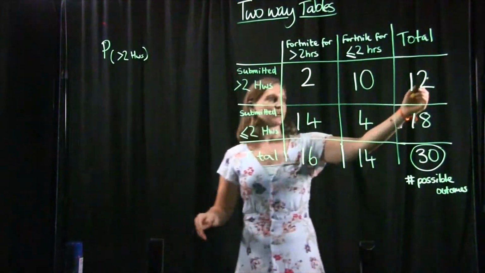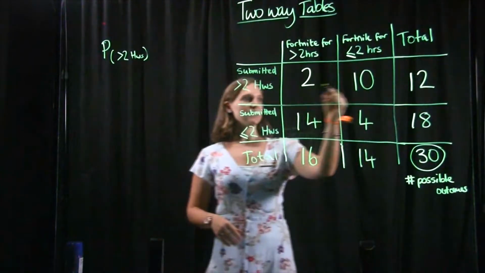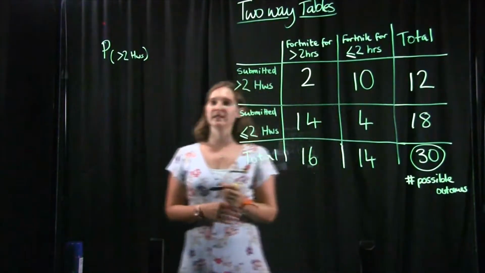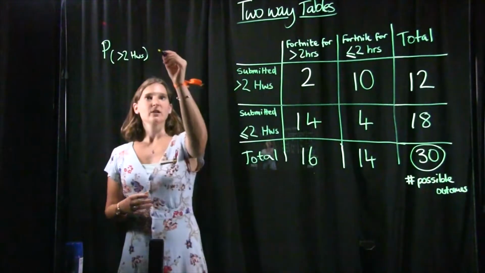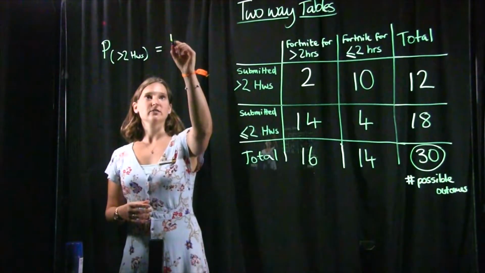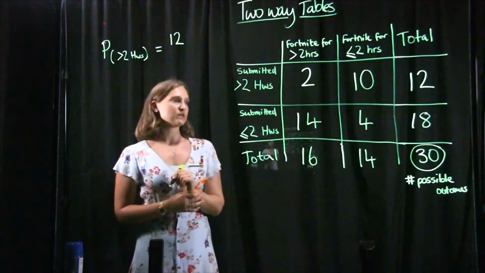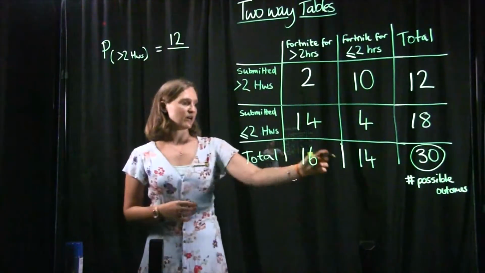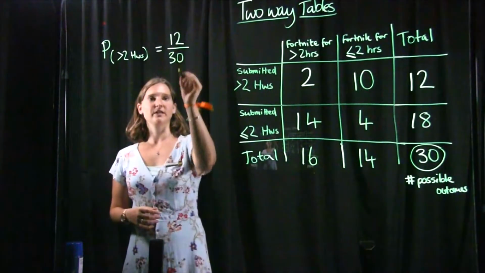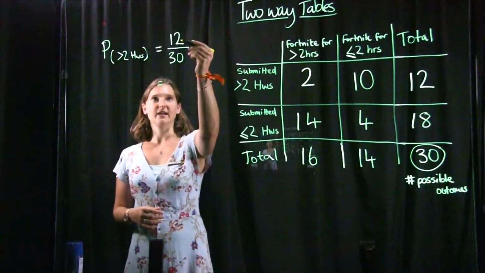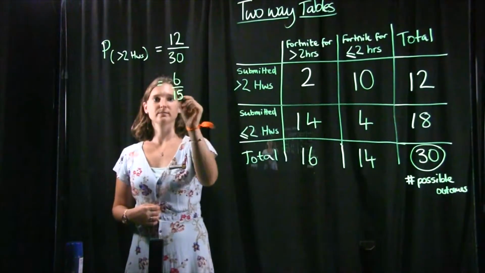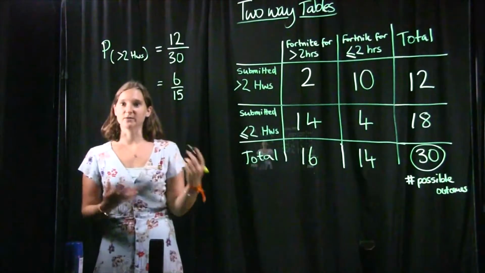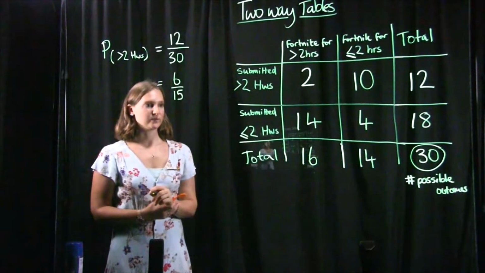So for here, I need to go to my total over here because this amount of people submitted more than 2 pieces of homework. So I know that our favourable outcomes are 12 and our possible outcomes are 30. This can simplify down to 6 over 15.